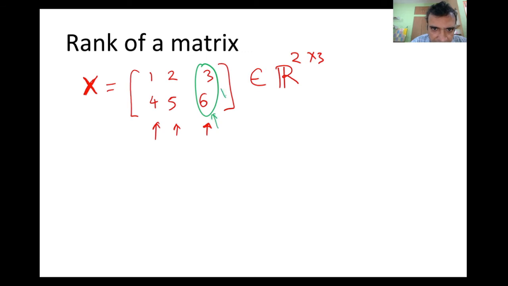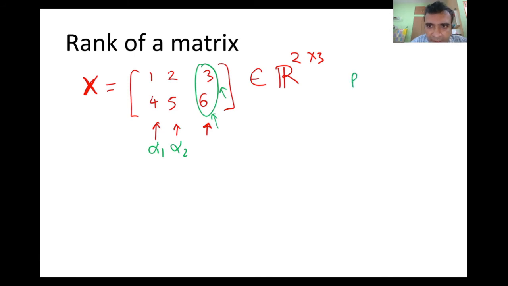we have 2 unknowns and 2 things that we want to predict, and then we can find 2 coefficients, let's say alpha 1 and alpha 2, such that if we multiply the first column with alpha 1 and add it to alpha 2 times the second column, we'll get the third column. So its rank is at most 2.